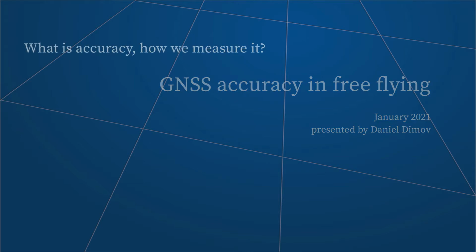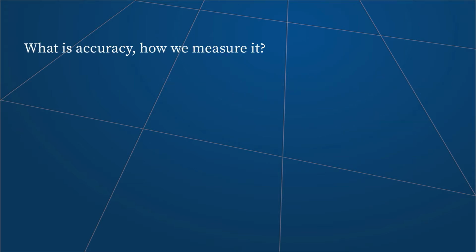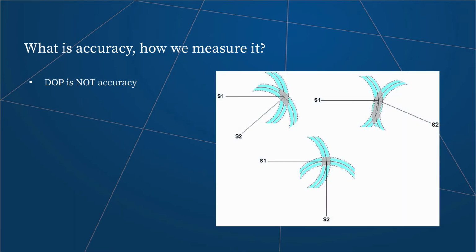Okay, let's see what accuracy is and how we measure it. But first, something about one mistake many people make. They see DOP on their screens and they think this is the accuracy, but actually it's not.